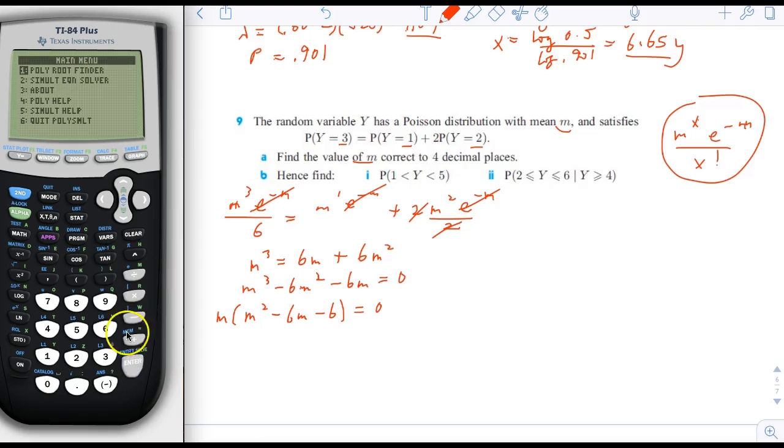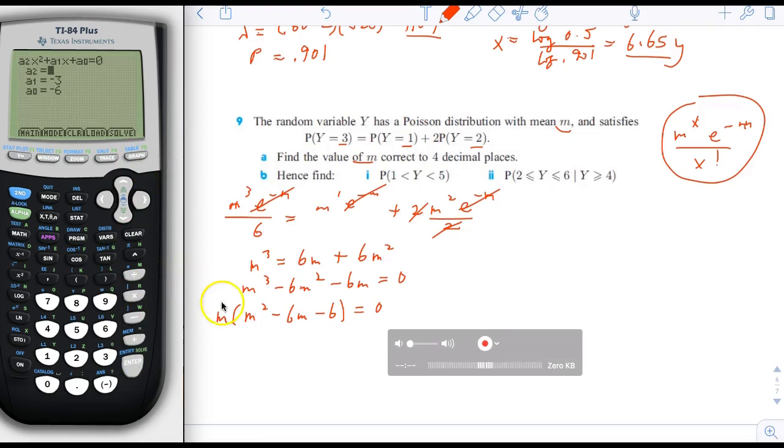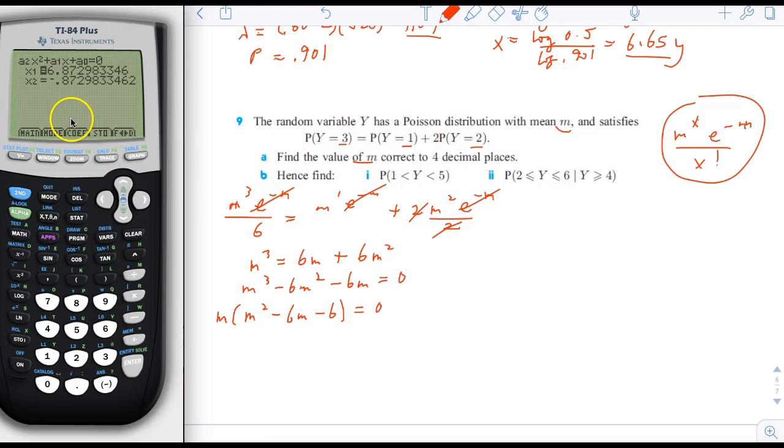So polynomial root finder, next, and so our coefficients are 1, negative 6, and negative 6, and we do solve. And we have 6.87, and we have a negative number, which we can ignore because m has to be positive. So 6.87 is our value for m.